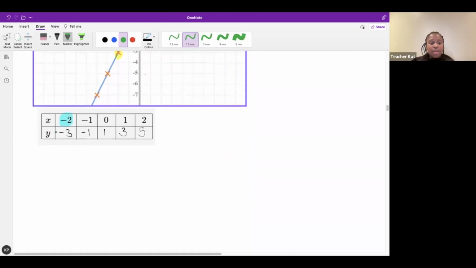How am I getting from -3 to -1 to 1 to 3 to 5? We are adding 2, plus 2, plus 2. So then 2 becomes my, what do we call it? It's my multiplier.